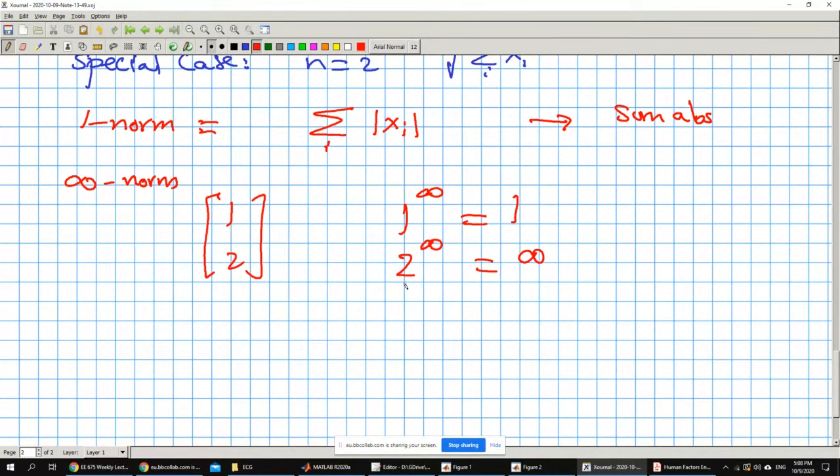Even if you have a very small difference, with the infinity power, the maximum value will be dominant, and anything else will be negligible with respect to the maximum value. So the infinity norm is just the maximum value.